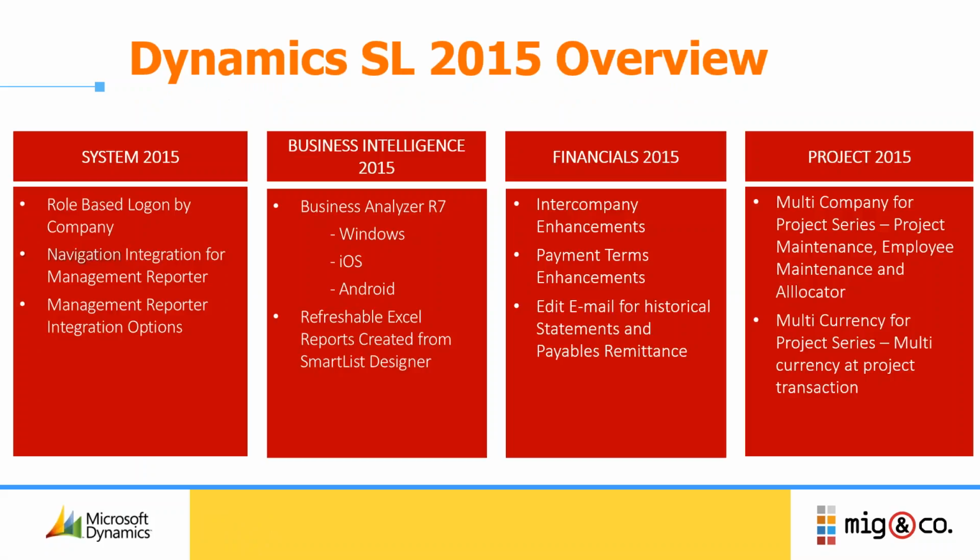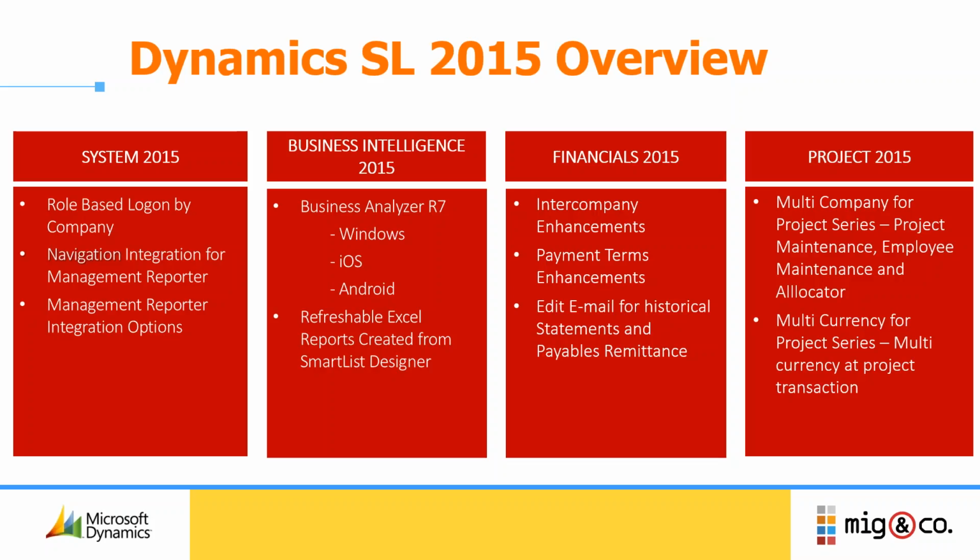Dynamics SL. You'll see here that we have 4 different lines in 2015. The system itself has role-based log-on by company, which is trying to give us a little more security as to who can log on to which company.